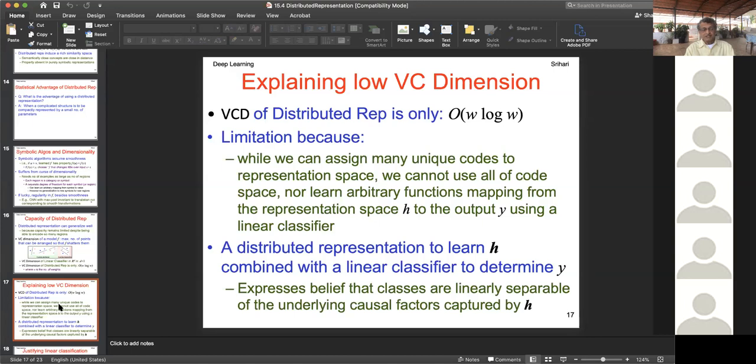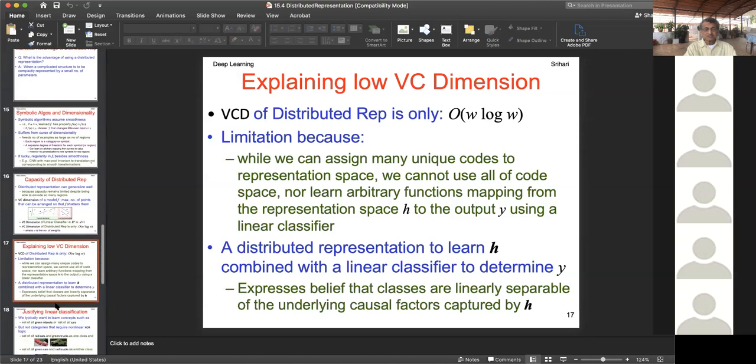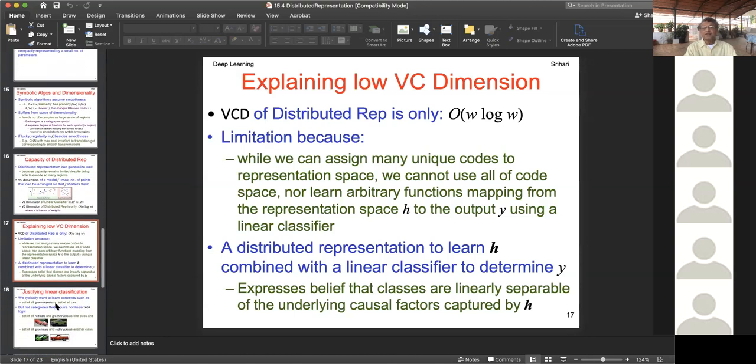And so it doesn't allow for anything arbitrary. And we have a set of causal factors separated out. So we say that a distributed representation has a limited capacity, but still is able to get a large number of regions.